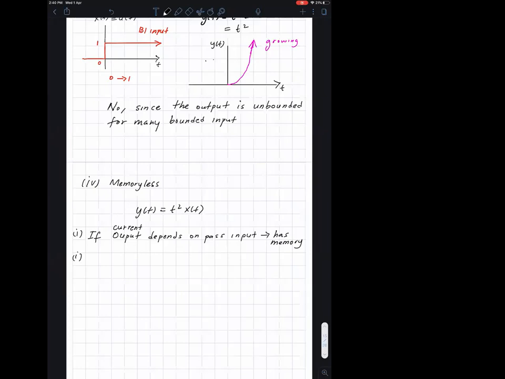If the current output depends on future input, then the system also has memory.